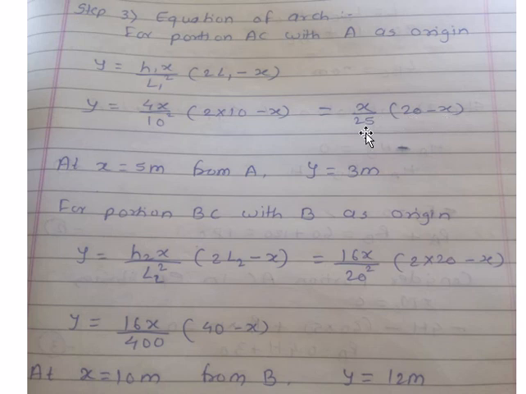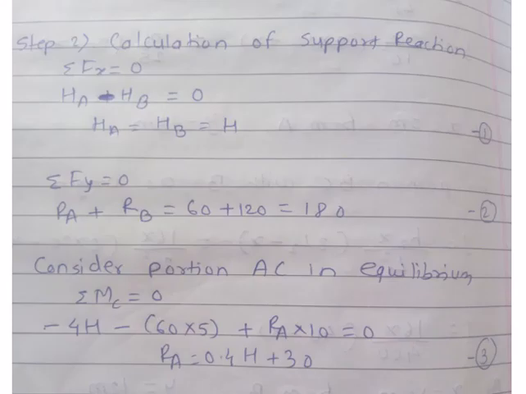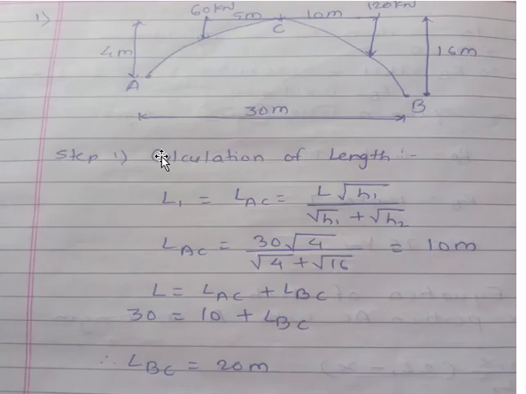So we have to calculate the bending moment under the point load. At that time the distance of this point load from the origin at A: the total distance is 10 meter, this distance is 5 meter, so the remaining x distance is equal to 5 meter. Similarly for the CB portion also, this is 10 meter and the total CB is 20 meter.